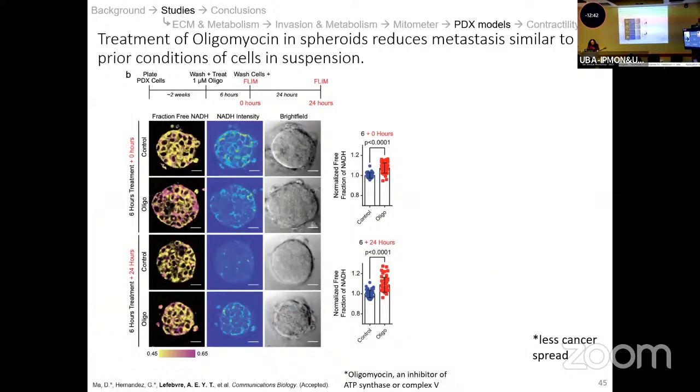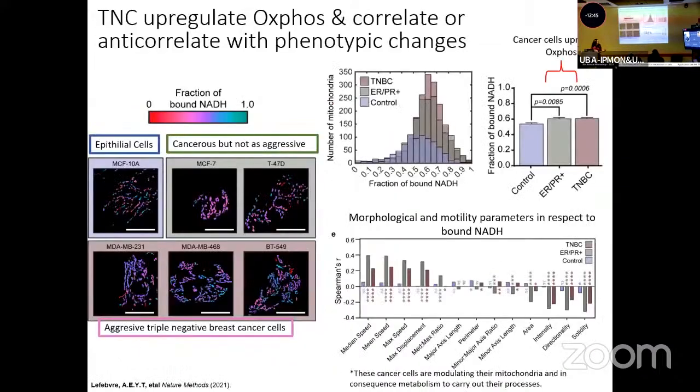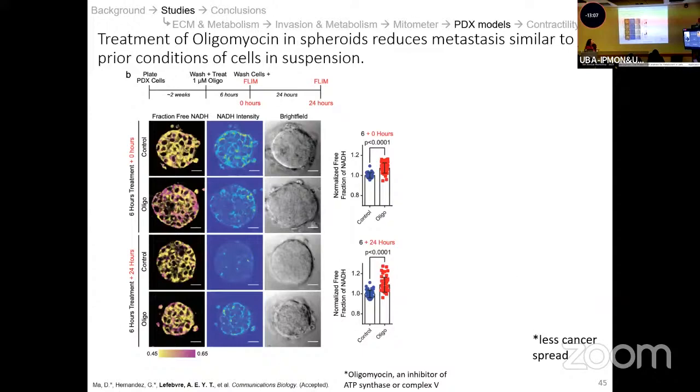And what we see basically is the fact that cancer cells are modulating metabolism, and as a consequence, they carry out these processes. The triple negative breast tumor cells here have a high correlation for speed, but they have a lower correlation for features like intensity, directionality, and solidity, relative to bound NADH.